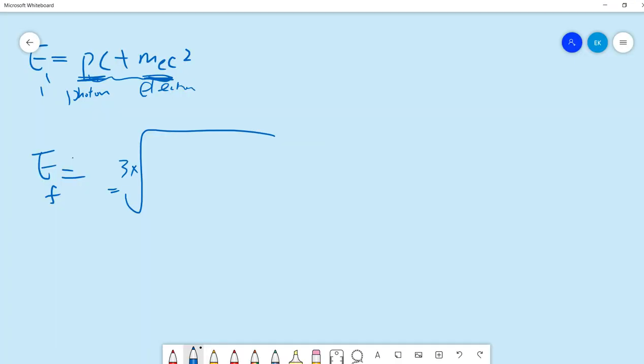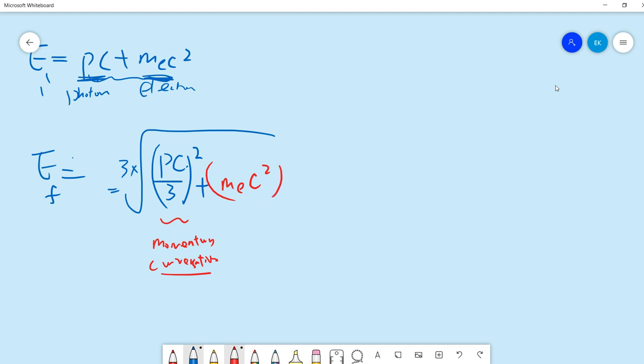So basically momentum needs to be conserved, so any one of them should have P over 3. This is the momentum conservation. And each one has the same electron mass squared, so this is the total energy.